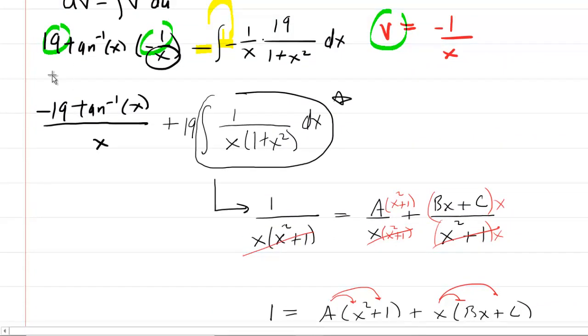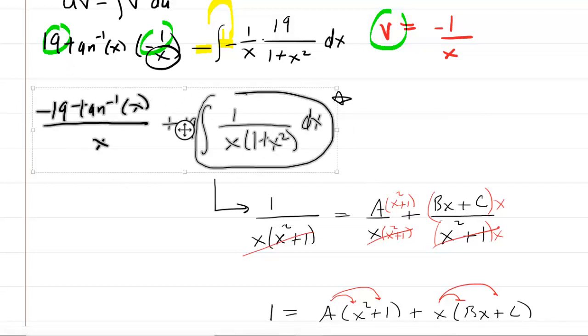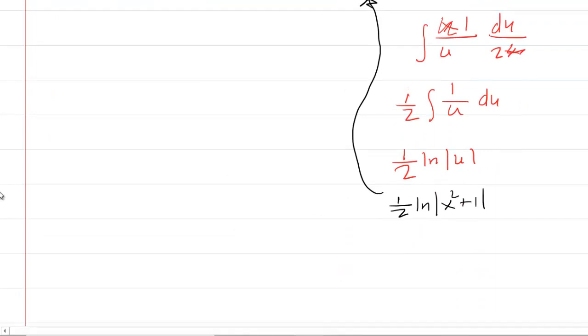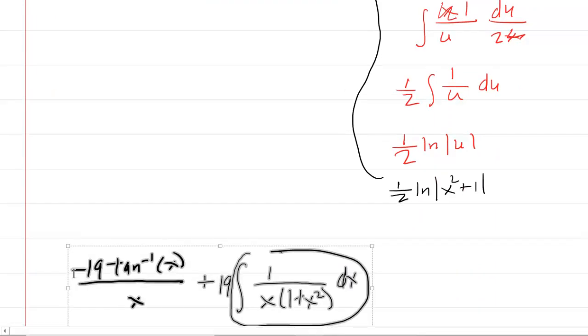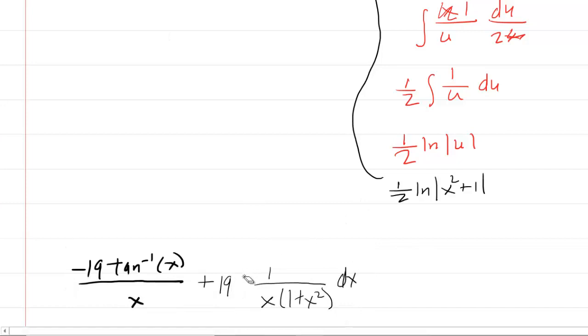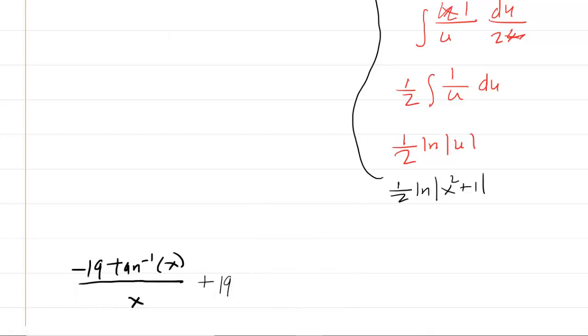So let's put this all together. These problems require a little bit of bookkeeping, essentially. So we're going to go down here one more time. We will paste what we had going with the integration by parts, but for this integral that we circled, we can now put in its value.